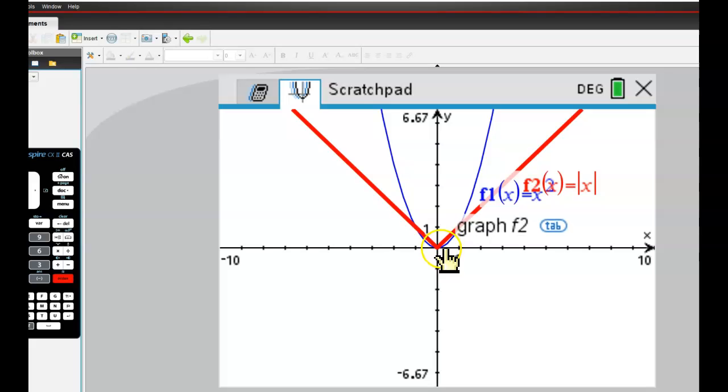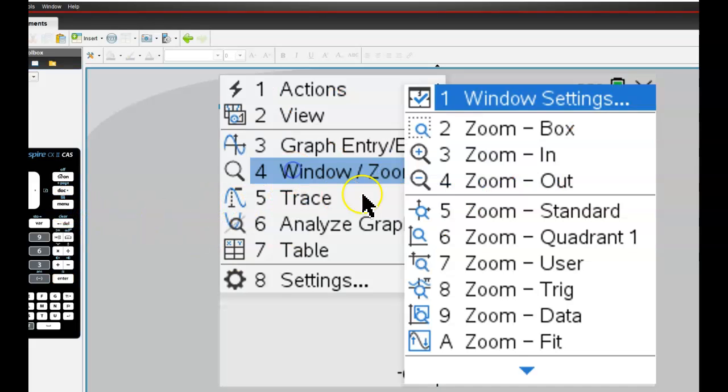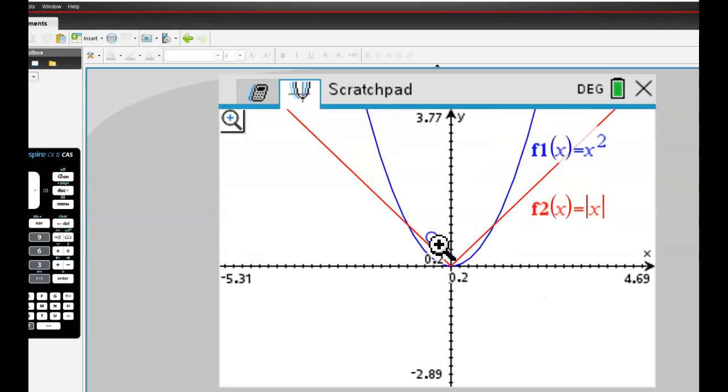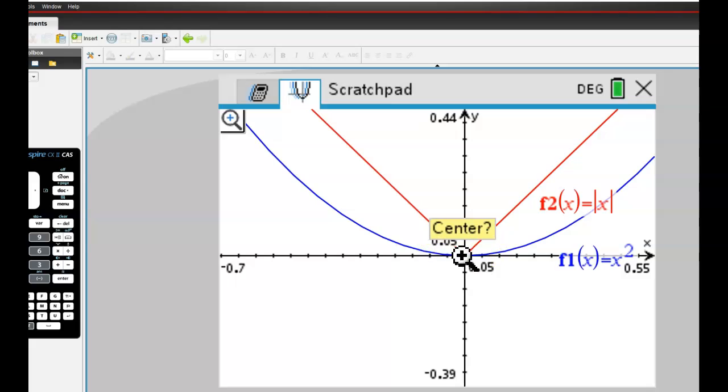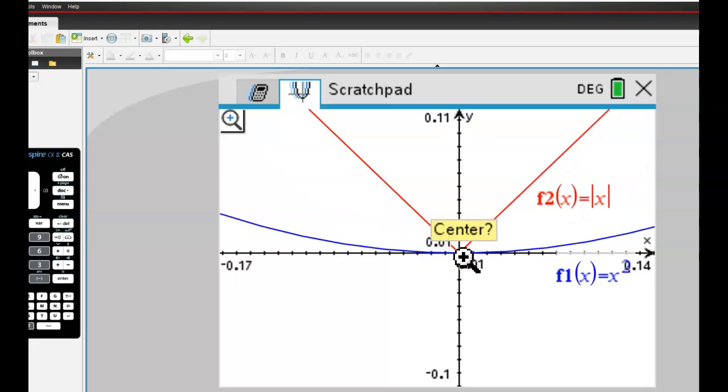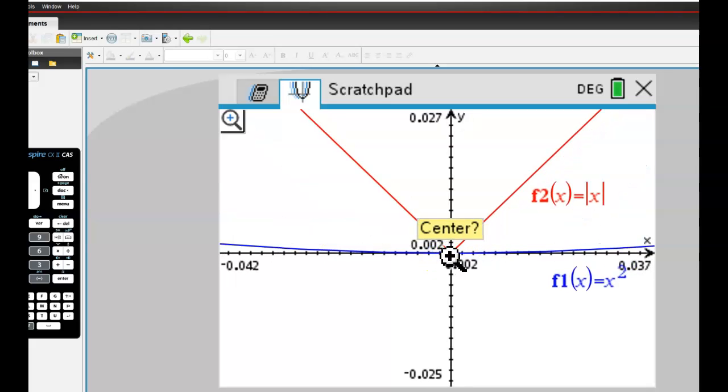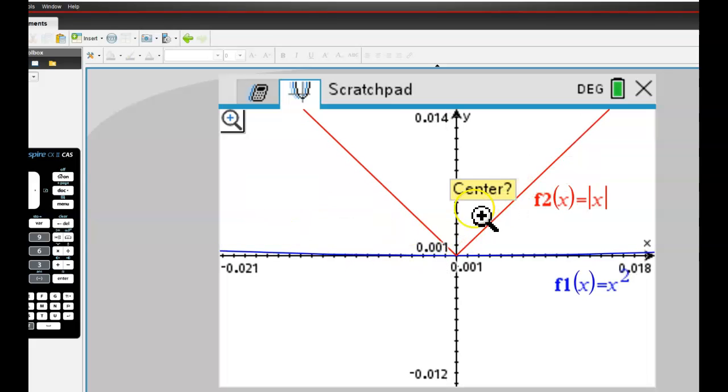And if we zoom in on the red graph now, you'll notice as we zoom in, the blue graph is flattening out, but the red graph is not flattening out. It's not locally linear, so therefore we cannot take the derivative of the absolute value function at x equals 0. And we showed that earlier in the lesson. So there's a good visual of what locally linear means.